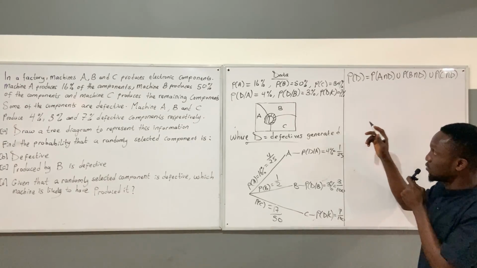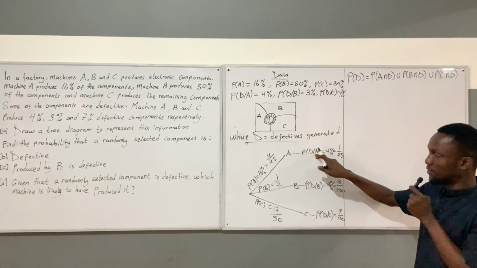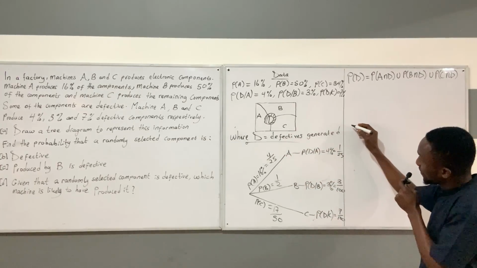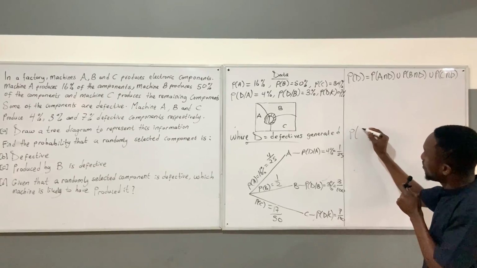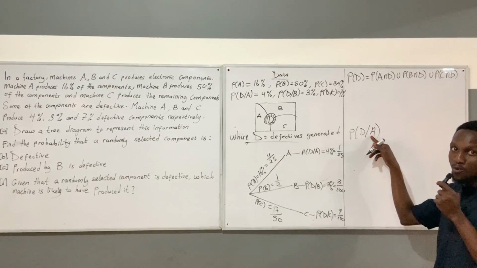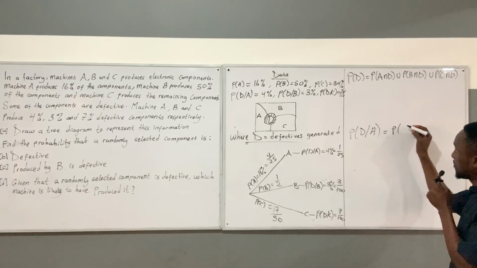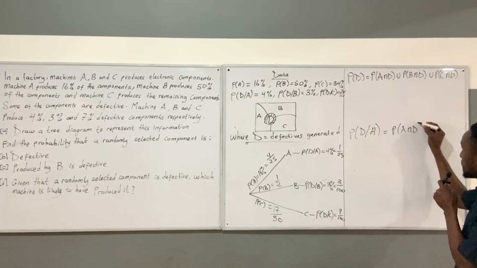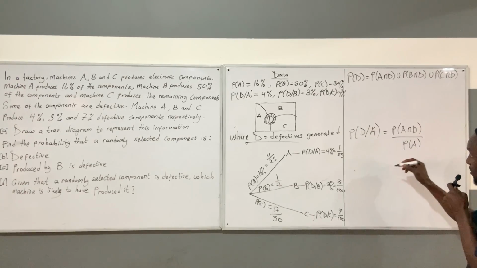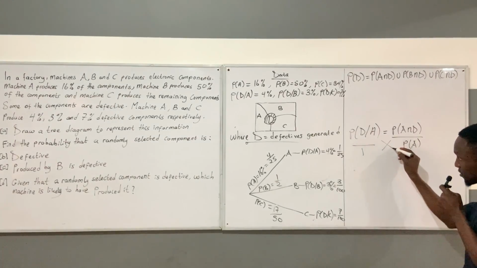Now watch here. We said that we are looking for the probability of what? D as A has occurred, or given A, B, and C at the same time. Now watch here. If I take the probability of D as A has occurred, for example, P of D given A, probability of the defective generated from A, then it's going to give me the event P of A and D occurring together divided by the probability of the event A. When we divide this by 1, which is already there, and we cross multiply, what happens?